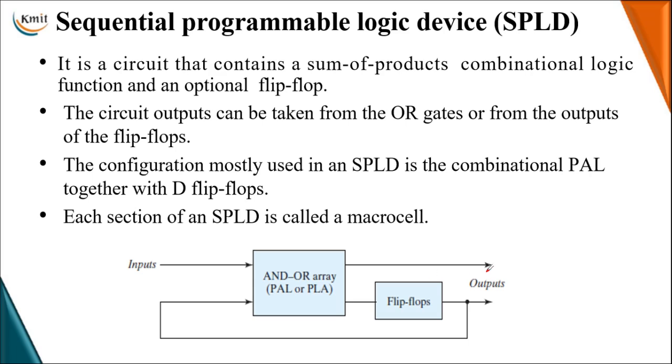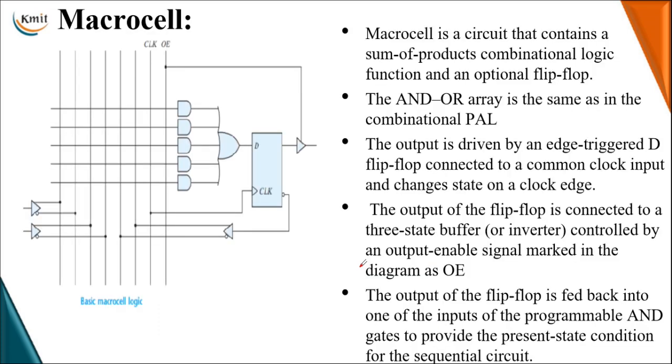So the sequential circuit output will depend on the AND-OR array, or you can take the outputs from the flip-flops. Based on the design or application, you can take the output directly from the PAL or from the flip-flops. This is the difference between combinational PLDs and sequential PLDs.